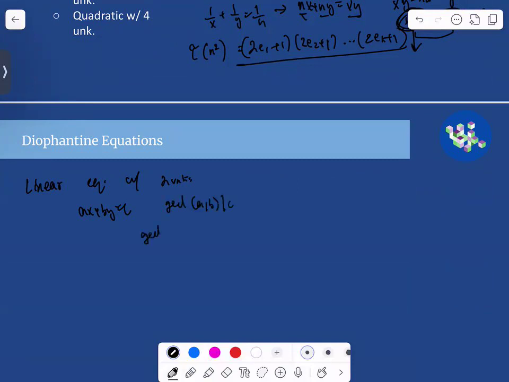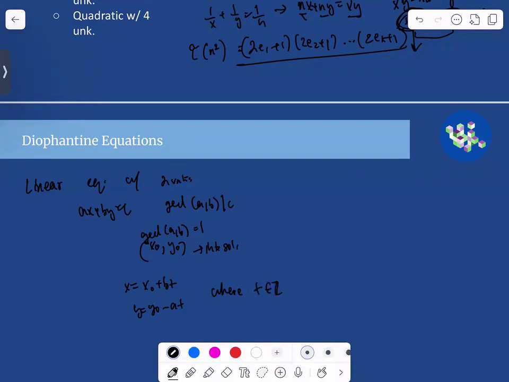If the GCD of a and b is equal to 1, and x sub 0 and y sub 0 is one integer solution, then the general solution can be written as x is equal to x0 plus bt and y is equal to y0 minus at, where t is some integer.